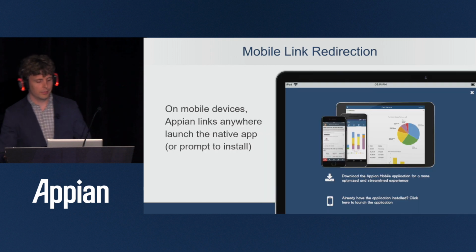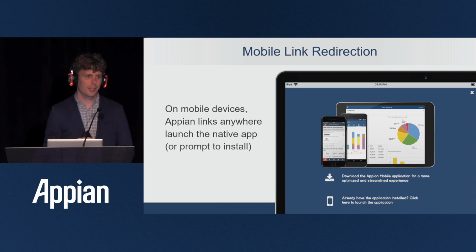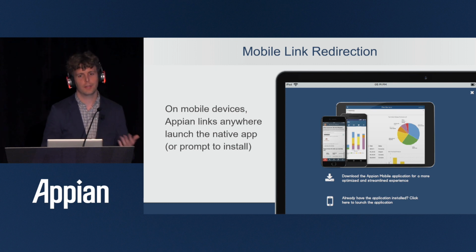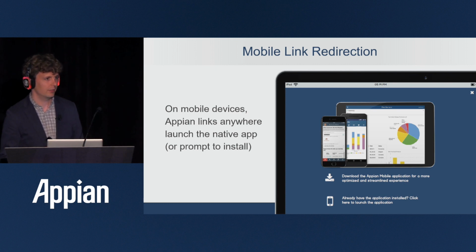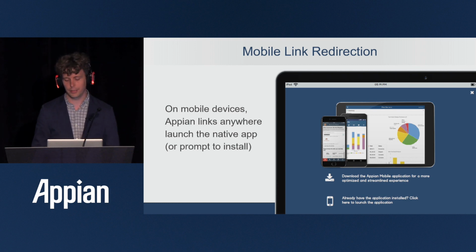Now, on a totally different note, this is the way as presentation we get to bounce around. We have mobile devices, and we know that just because you started to use Appian at your organization, users don't always rush out and download the app. I wish they did, and sometimes they do, but often they don't.